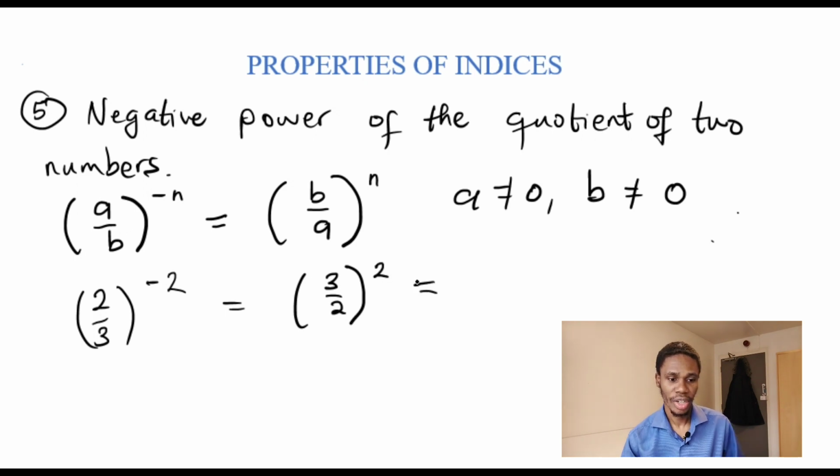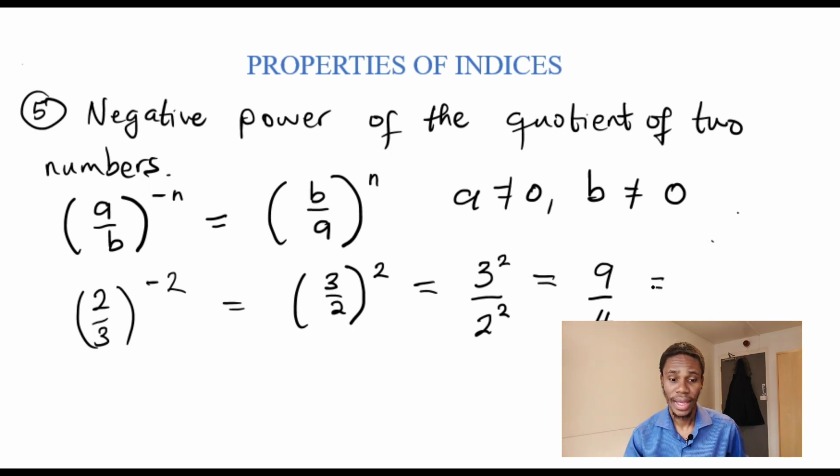And now we can use property number 4 when it becomes like this, and now have 3 squared divided by 2 all squared. 3 squared gives us 9 and 2 squared gives us 4. We can further write it in mixed fraction, which gives us 2 whole number 1 out of 4. And that's our final answer.